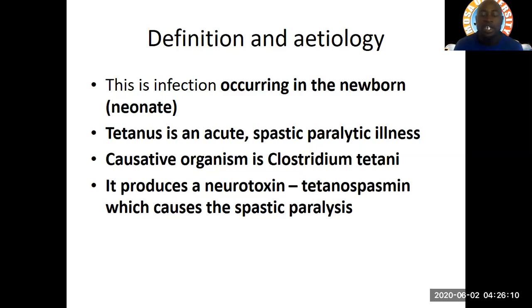These neurotoxins bring about what we call tetanospasmin. It is a result of this tetanospasmin that we get what we call spastic paralysis.